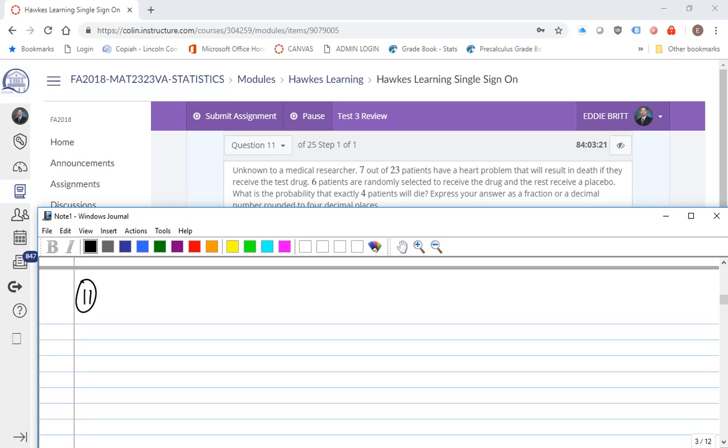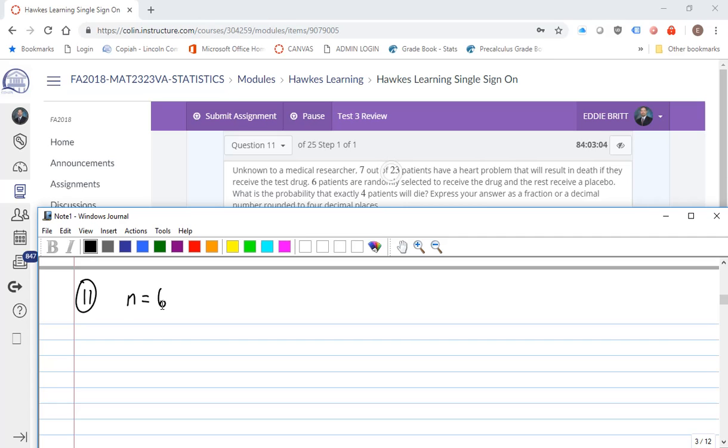So I mean, you could say, okay, we're going to select 6 of those, right? So that's little n. Little n is 6. Well, how many total patients are there?